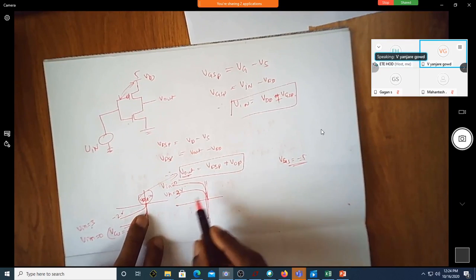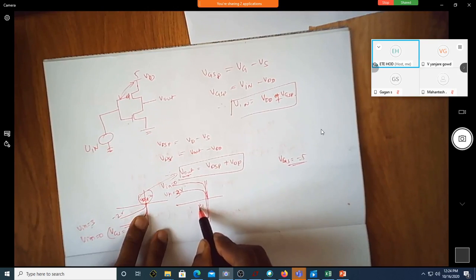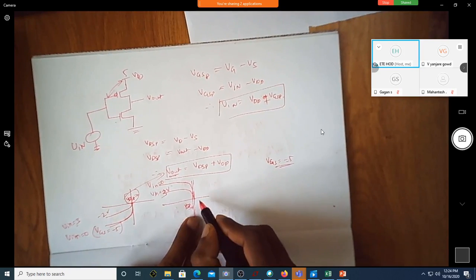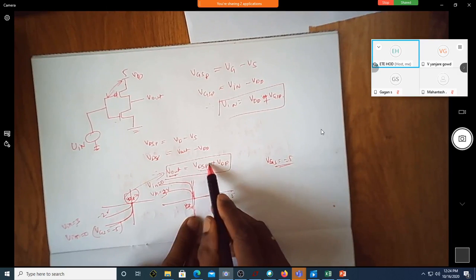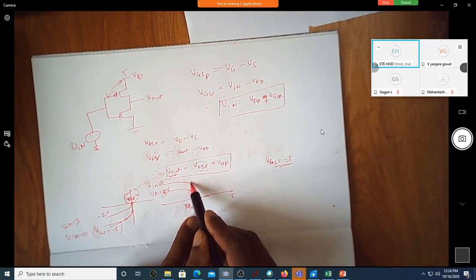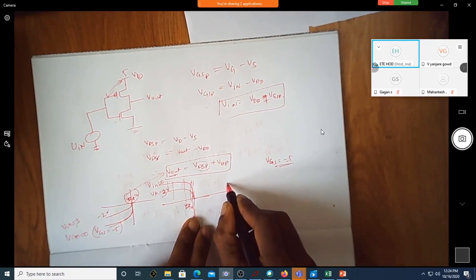Yes, sir. I will transform all these points. These are all VDSPs, so I want to represent them in terms of Vout. So this 0 will become 5, because whatever point you have, plus 5. So will it now become something like this?